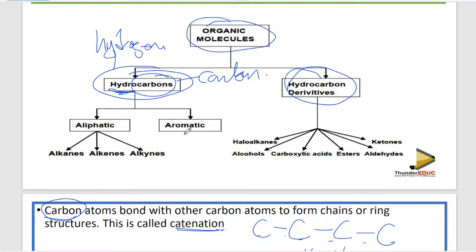You have milk, but if you pour the milk in porridge, that could be a derivative of milk. Milk is a mixture, but now you have added flour to that milk, so it becomes a derivative. So that's what it means.